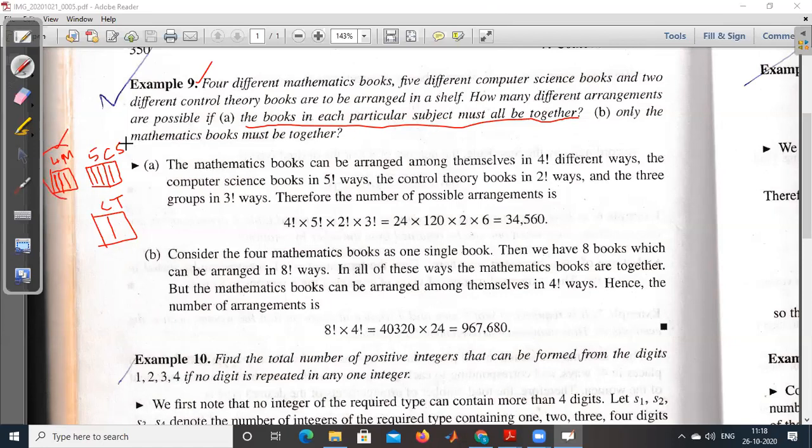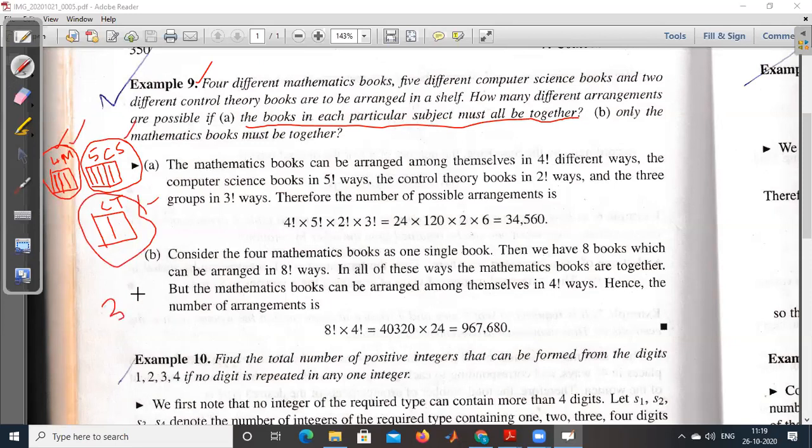And 5 computer science books, all these 5 computer science books must be together. And 2 control theory books must be together. So totally how many? 1, 2, 3. 3 groups are there.